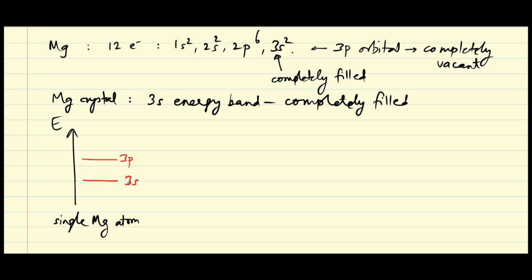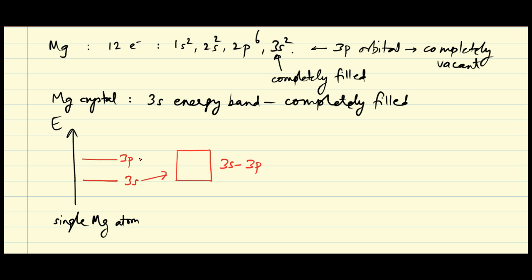So when the 3s energy levels combine to give a band, and likewise when the 3p energy levels give a 3p band, it so happens that these two bands overlap. So I can call it the combined 3s 3p energy band.